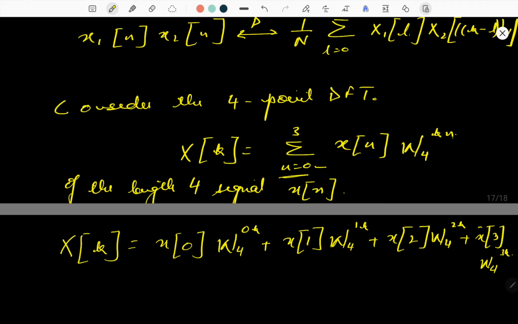Now you can see the product W4^(1k) X[k]. How can it be written?